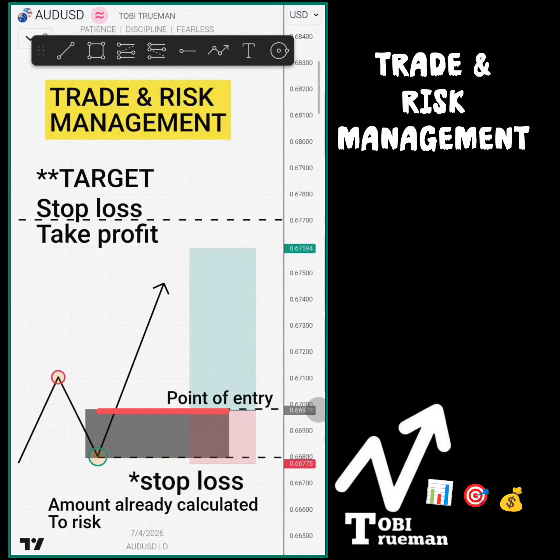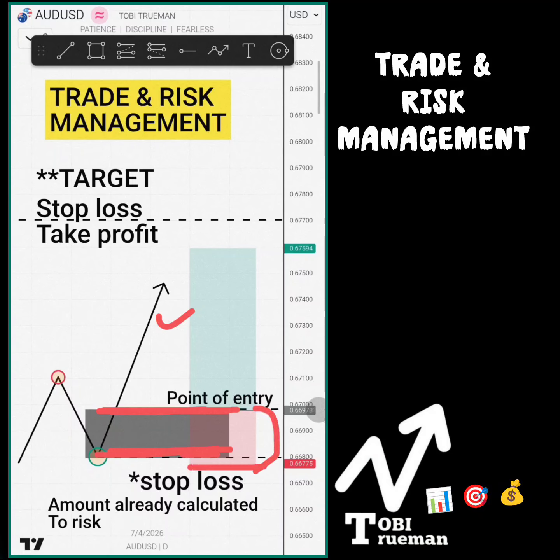If you want to buy this market, you place your buy tool on the up point and then draw it to the down point so that you can have your signal. So you draw it from the top point of the zone to the down point of the zone. This is where you now place your stop loss.